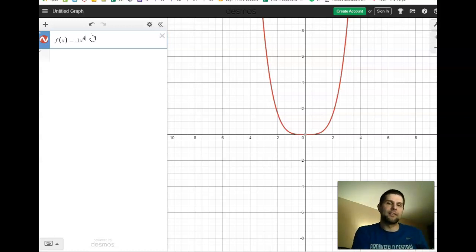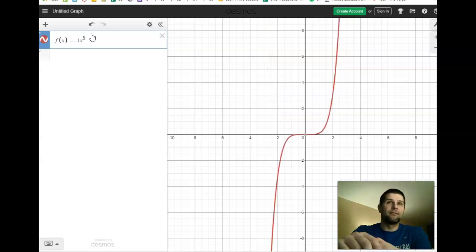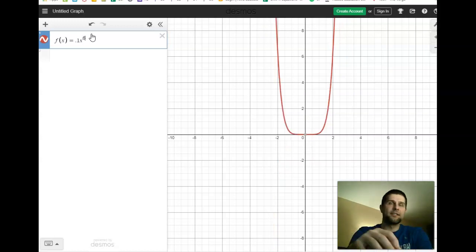It looks like the same thing as x squared in terms of the ends. If we look at x to the fifth, that looks very similar to x cubed. So we see a pattern here. If I go x to the sixth, again, it looks the same as x squared and x to the fourth in terms of the end behaviors. So that's one thing to note.